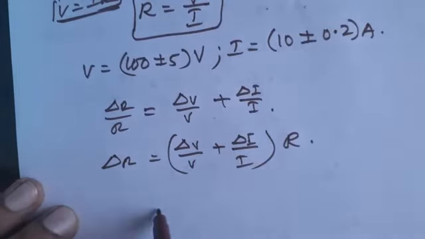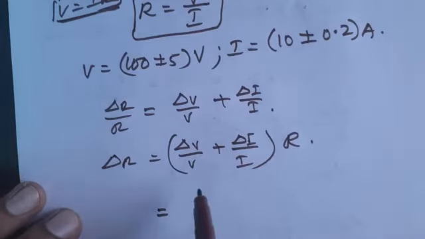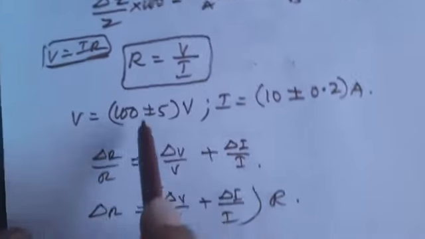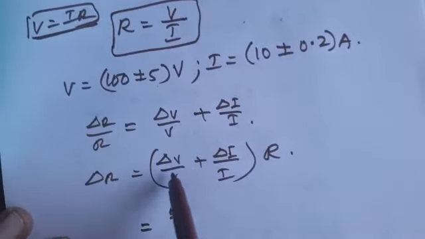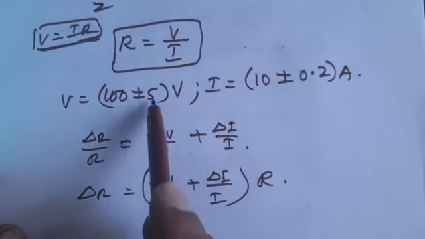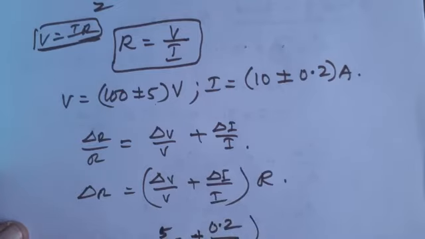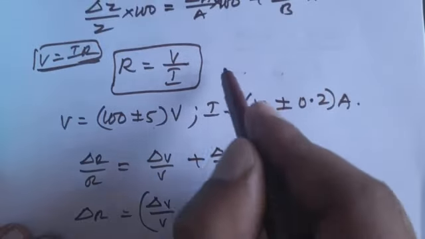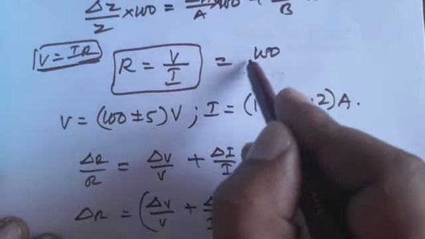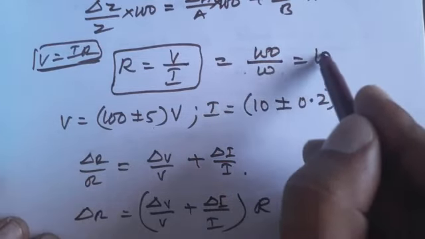Now substitute these values. What is given? V is 100 plus or minus 5, so delta V is 5. So 5 by 100 plus 0.2 by 10, into R, because V by I here, V is 100 and I is 10, equals 10 ohm.